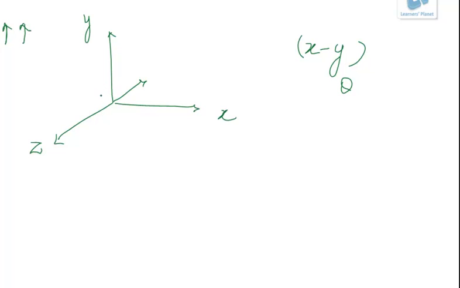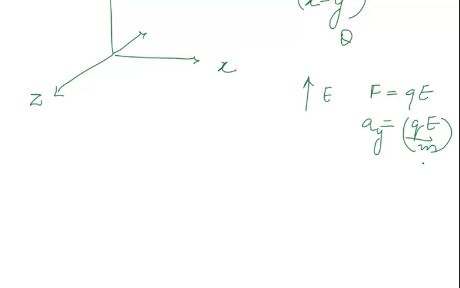If this charge enters at any angle theta, it is always going to get accelerated in the direction of the electric field, because the electric field will exert a force F equal to qE. So it will have an acceleration in the y direction, which is equal to qE by mass.